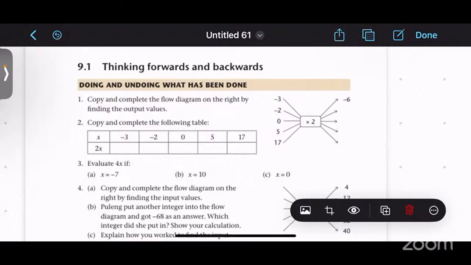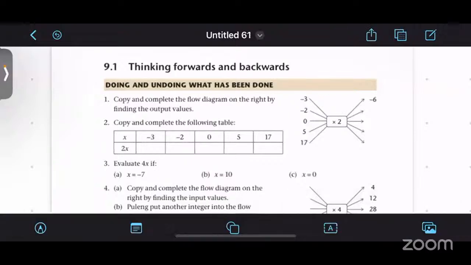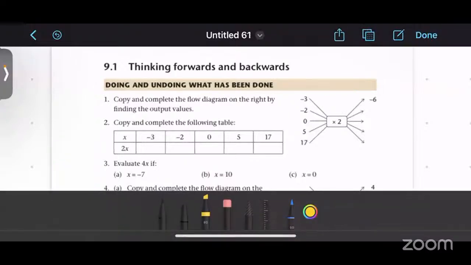Copy and complete the following tables. So we have input values of -3, -2, 0, 5, and 17.